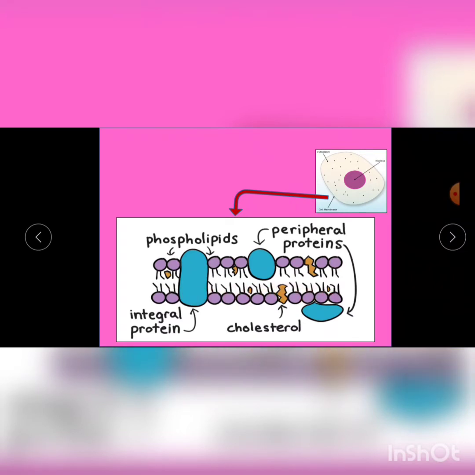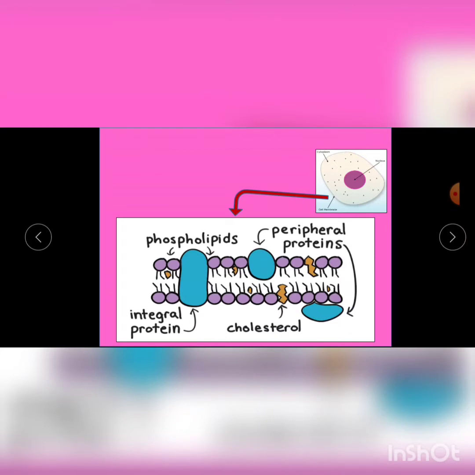So it is called a bilayer, and in between these phospholipid layers you will find proteins like this peripheral protein because it is on one side only, and this integral protein because it pierces through both the layers. So the proteins can be divided in such a way: peripheral proteins and integral proteins.